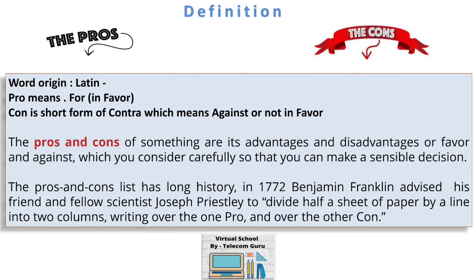So we know the meaning, we know the background, and we know who officially came up with this idea, and it happened in 1772.